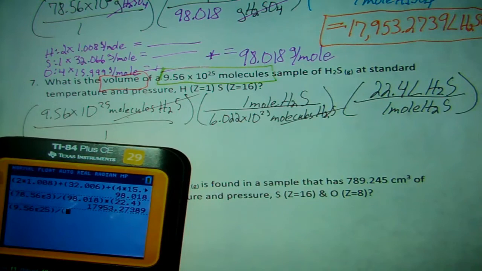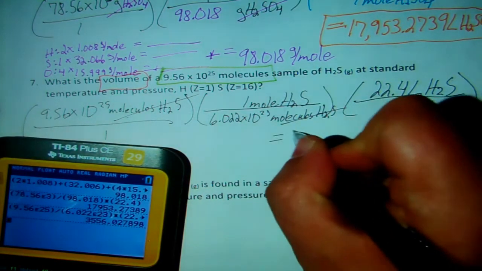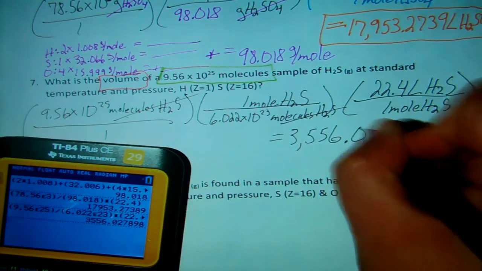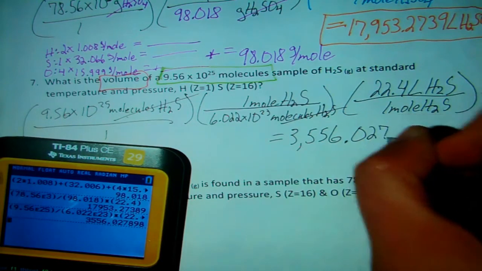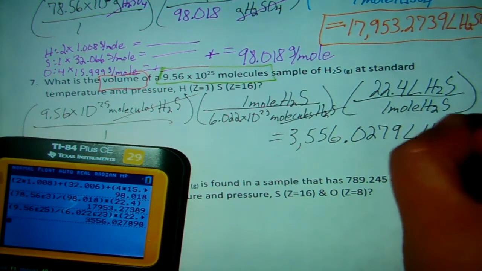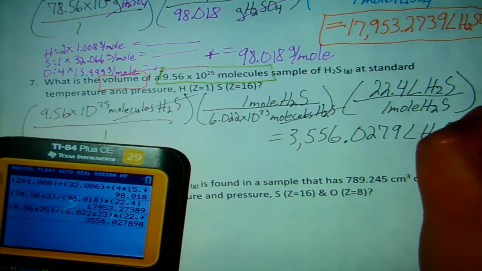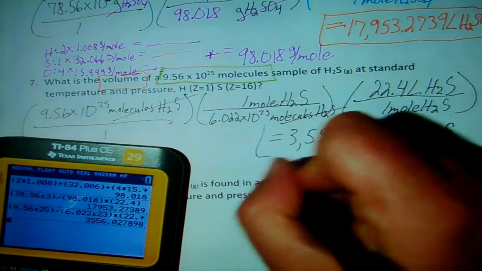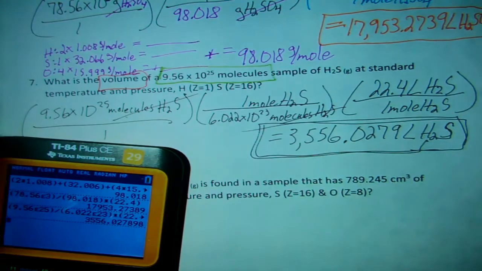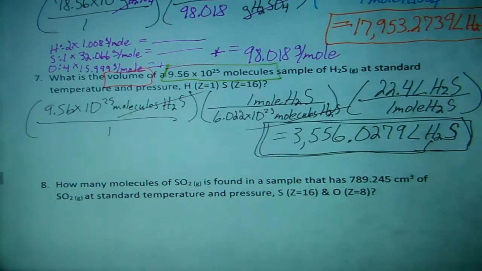Divided by 6.022, second E, 23, times 22.4 equals 3,556.02739 liters of H2S. Oops. Must have been my box too short. Okay, there's the answer for that one.